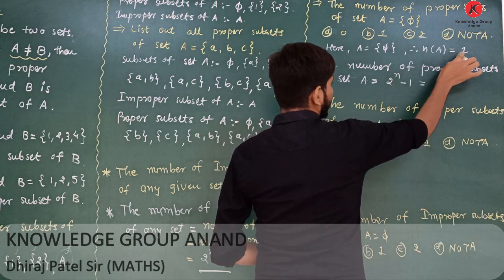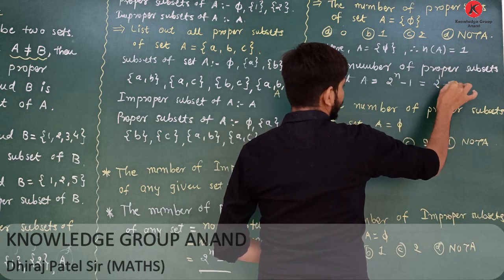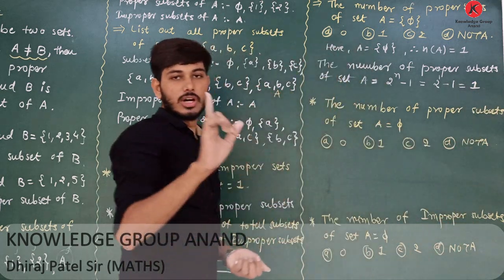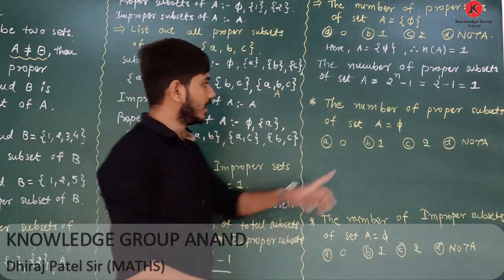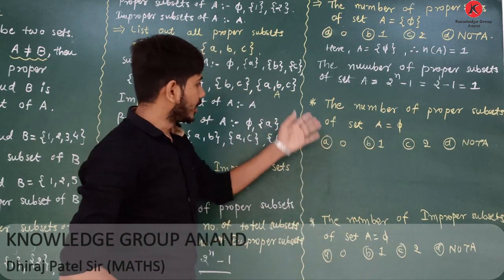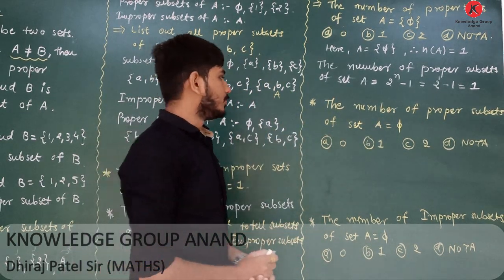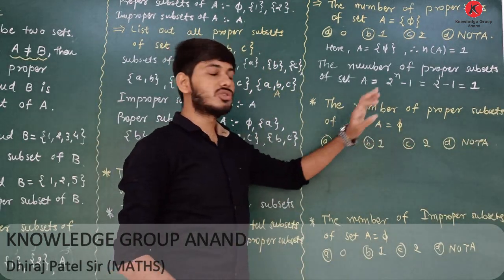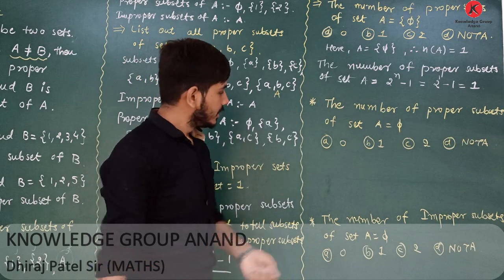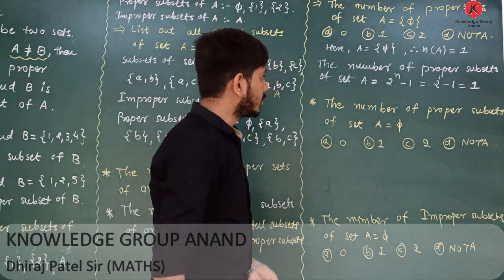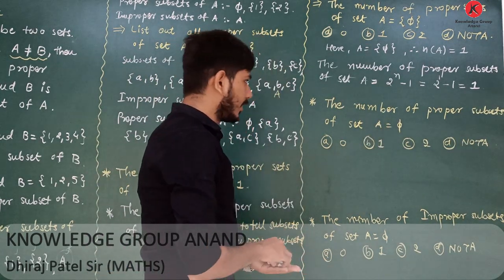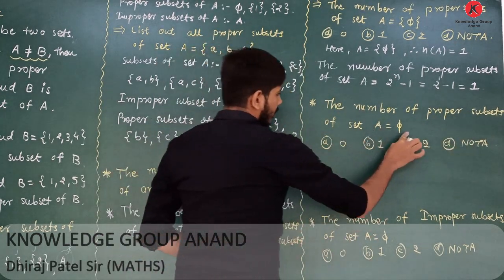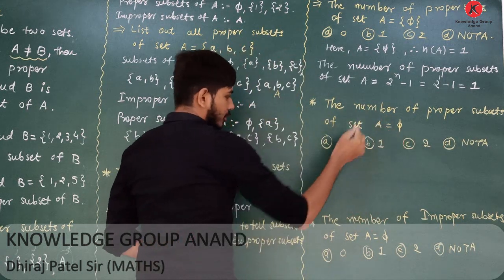Now put n equal to 1 here: 2 raised to 1 minus 1, which equals 1. There is only one proper subset. Now the second MCQ: the number of proper subsets of set A equals null set or phi. Set A equals null set or phi. Therefore, for finding the number of proper subsets, first of all, find the number of elements of set A.